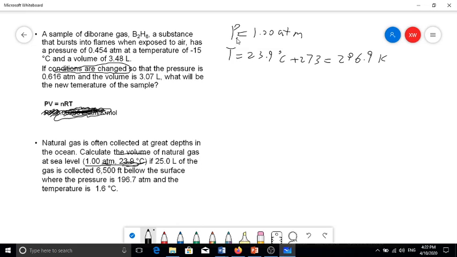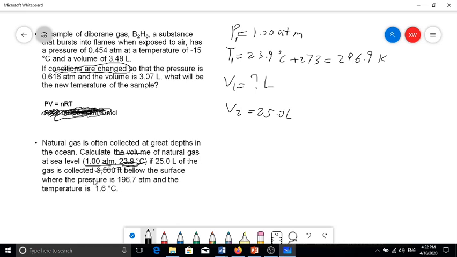You are trying to find the volume at sea level. So in other words, if this is P1 and this is T1, the V1 is not 25 liters. V1 is what you're trying to calculate, the volume of natural gas under this condition. The 25 liters, which is V2, of gas is collected at 6,500 feet below. I'm not sure why this is here, but apparently in gas law calculations, the depth of the water is not important.